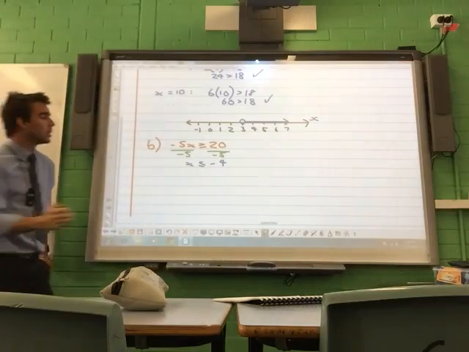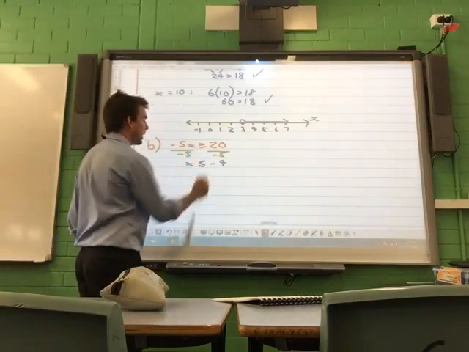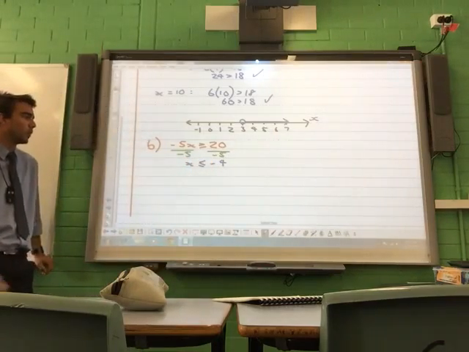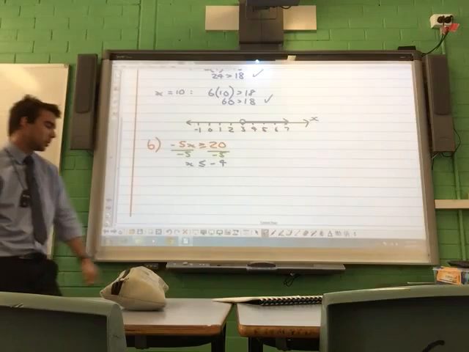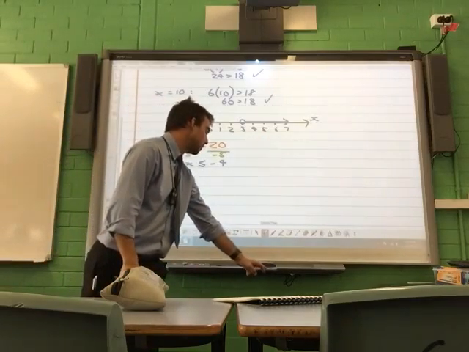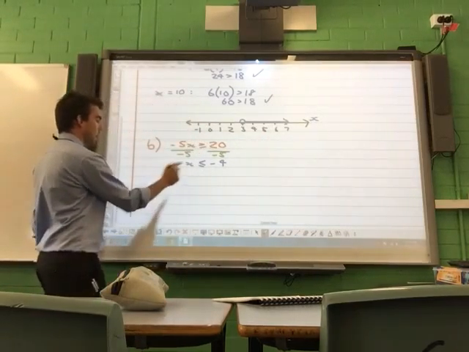So the solution is, in this case, x is less than or equal to -4. So any number that's less than or can be -4. Let's just show a couple. You don't need to do this, but I'm just highlighting what happened.